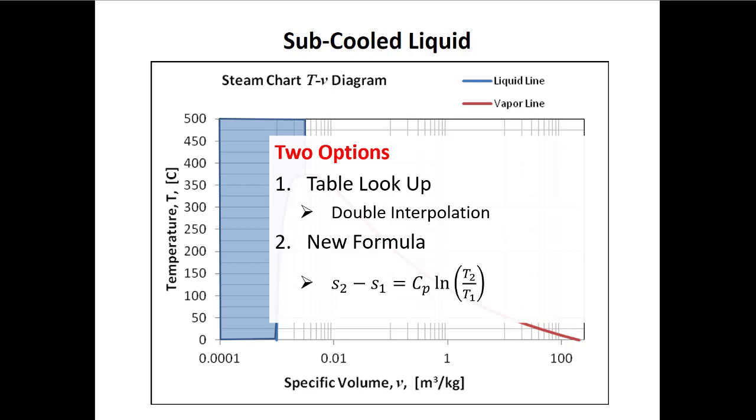So underneath the vapor dome and as vapors, this is pretty much what we'd expect. But when we're dealing with a process that goes from one subcooled liquid to another, we have this new equation that looks like something we'd apply when we're assuming that the specific heat is constant.